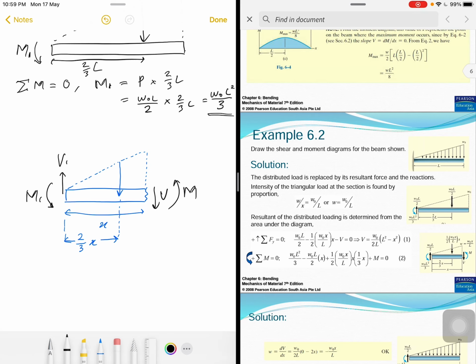So we go for the force first. Sigma, in this case, sigma Fy, which is the vertical direction, is equal to 0. Okay, the net force in the vertical direction is 0.